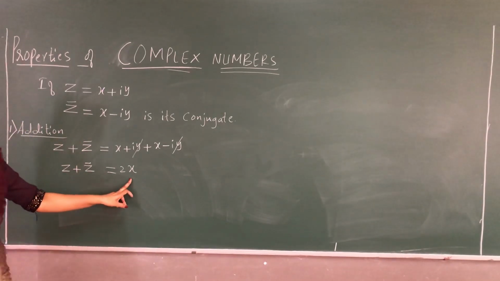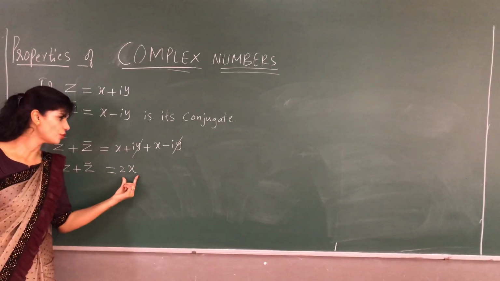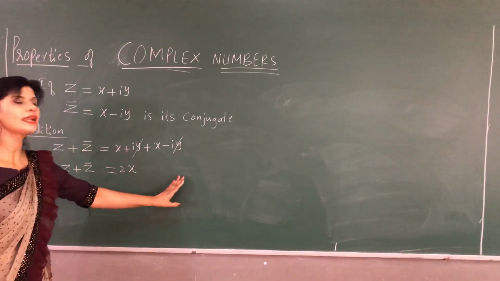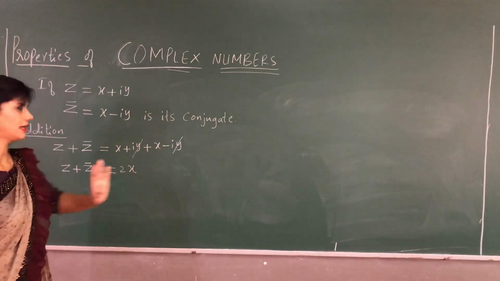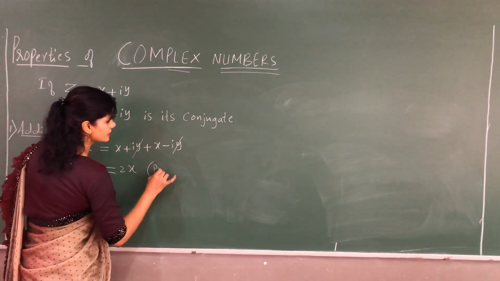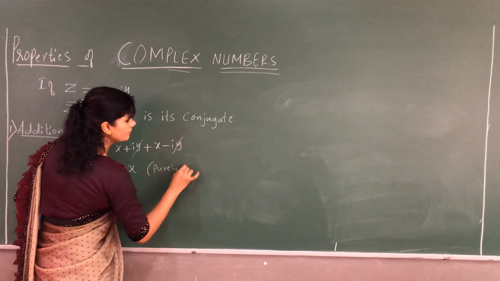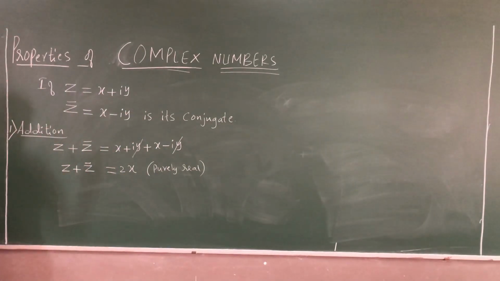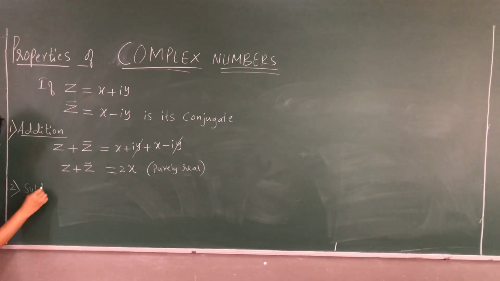So the answer is 2x, children. In this case, you don't see any i part here, so it is called purely real, because we don't see an imaginary part in the solution. So the second property is subtraction.